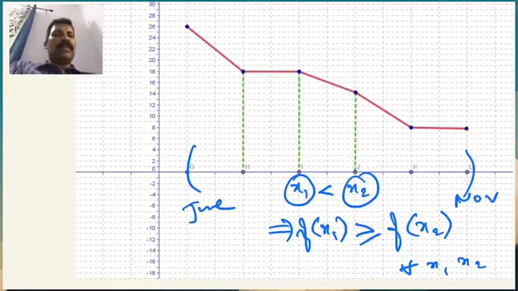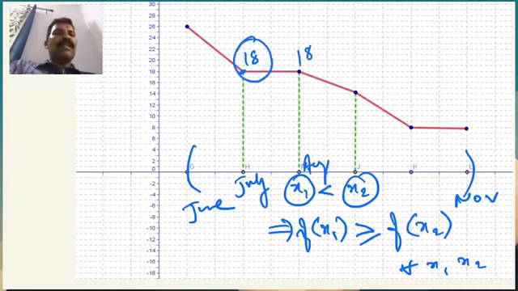For example, here you can see 18 marks in the month of July, and in August that is also 18. But once he achieved 18, next time he is not getting more marks than 18. It may be at par with 18 like this.